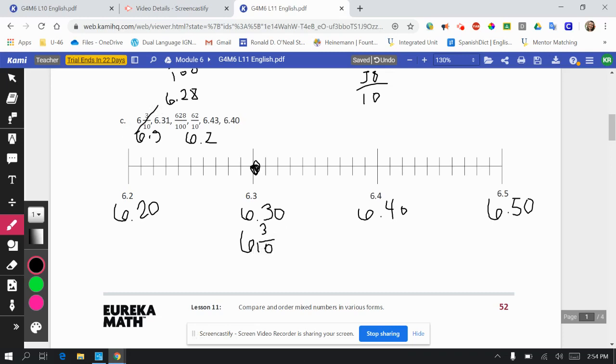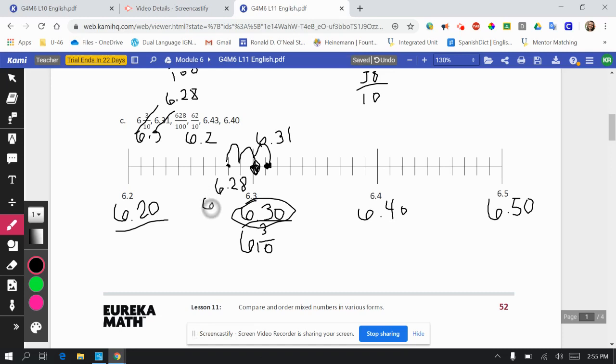All right, there's my first one with 6 3/10. Cross that on out. 6.31. So here's where this comes in handy. 6.30. And I count out one more to be 6.31. Cross that on out. 6.28. So here I have 20. Here I have 30. And if I'm looking for 28, I could subtract 2 from the 30 and find the 6.28.